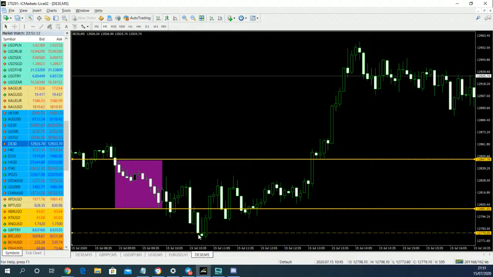Now remember what we said before. Sometimes you can ignore the first signal. Some people will do that and only take the retest. In doing that, you avoid some false breakouts. This is a false breakout. So if you are only trading the retest, you won't take this signal, you will wait for the retest.